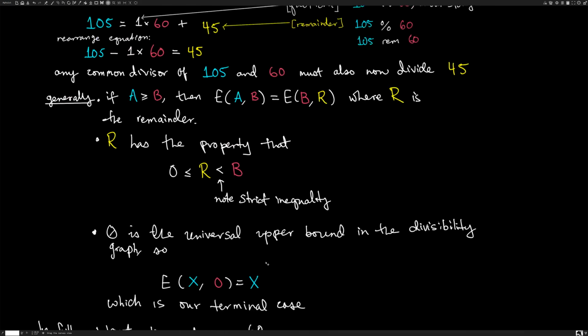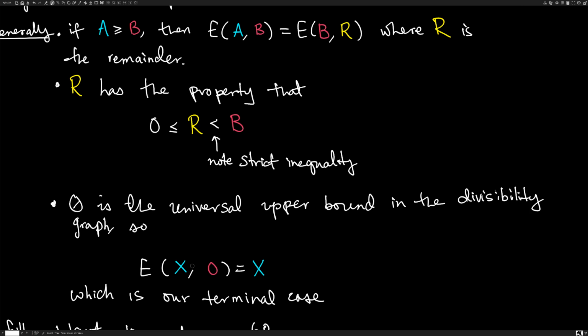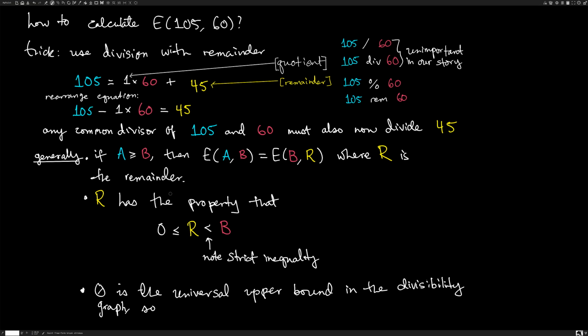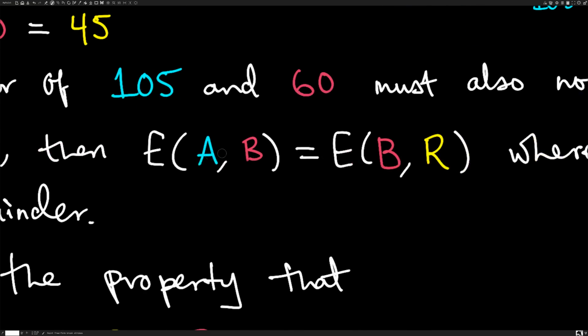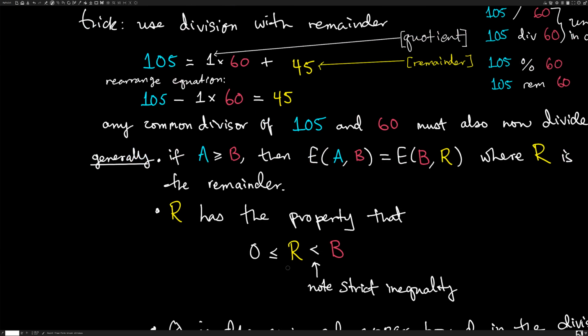Okay. 0 is the universal upper bound in the divisibility graph. So the Euclid number of x with 0, no matter what x is, is always going to be equal to x, which is our terminal case. So generally, when we get the Euclid number of A and B, we're going to take the Euclid number of B and R, where R is the remainder.